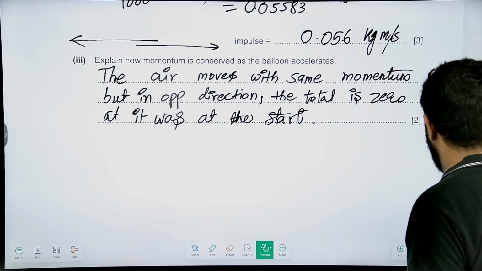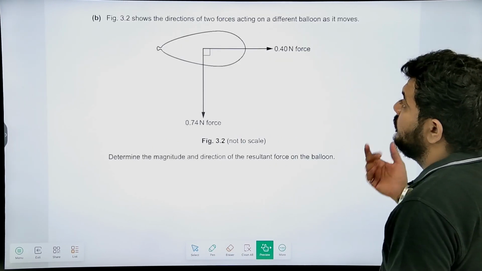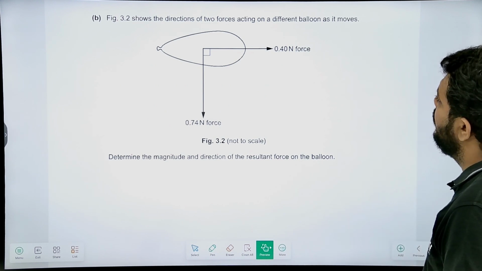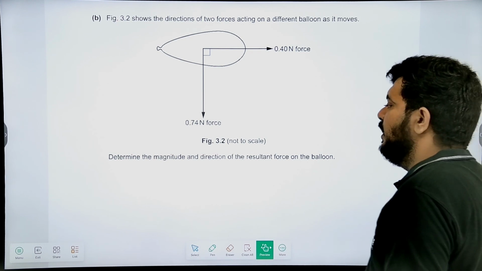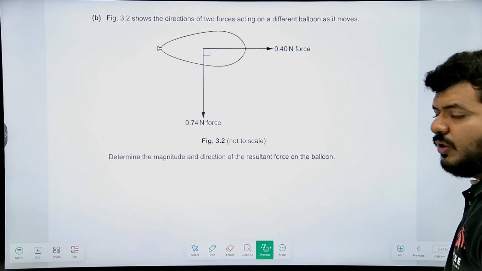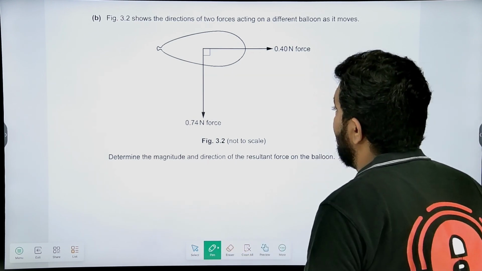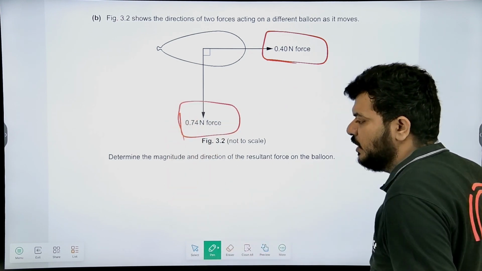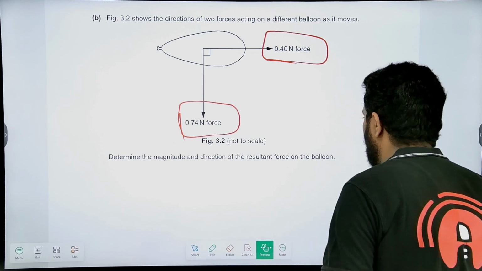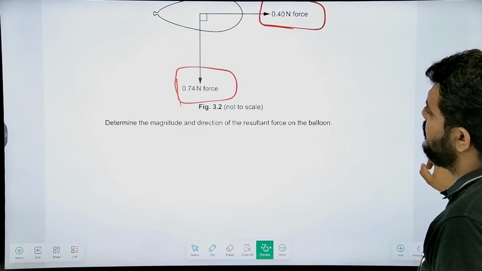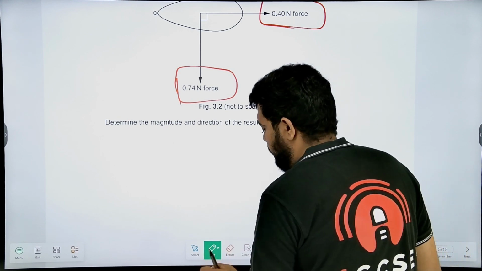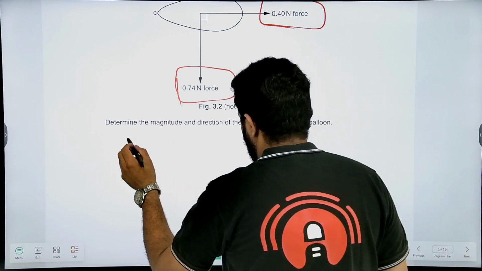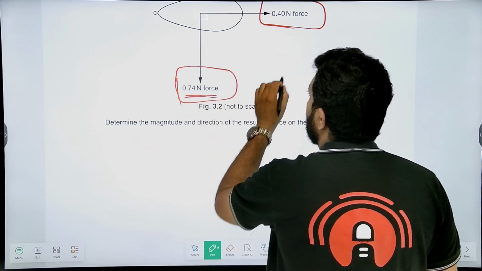Then we have figure 3.2 shows the direction of two forces acting on different balloon as it moves. Determine the magnitude and direction of the resultant force on the balloon. So what will I do? I will say that this force is 0.40 and this is 0.74. I need to draw a quadrilateral, which is a parallelogram, or you can draw a triangle, because quadrilateral is easy. First I need to find a scale, right?